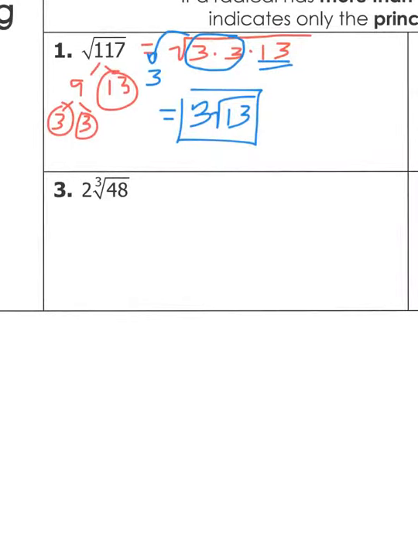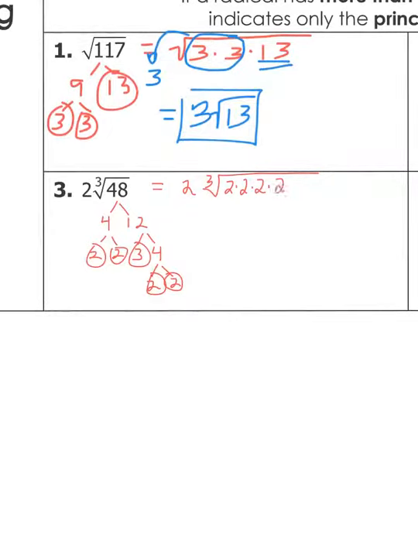Now you pause the video and try this one on your own. So if I factor this, I get 4 times 12. And so I end up with 2 cube root. Now this one, instead of a square root, it has a cube root.